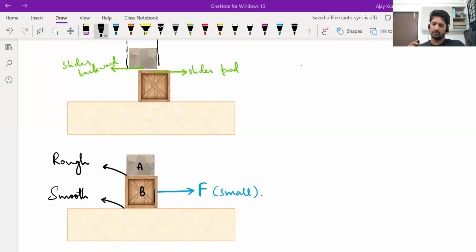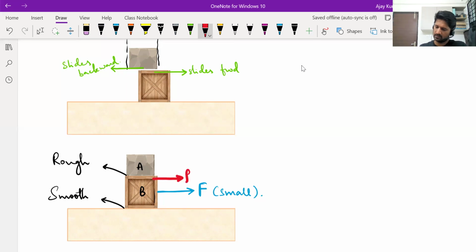Okay. Vanilla, tell me, in which direction should friction act on the block B? Towards right, sir. Towards right. So this way.